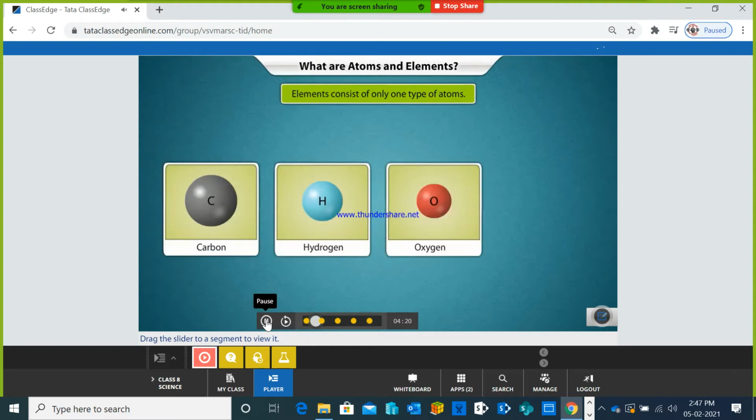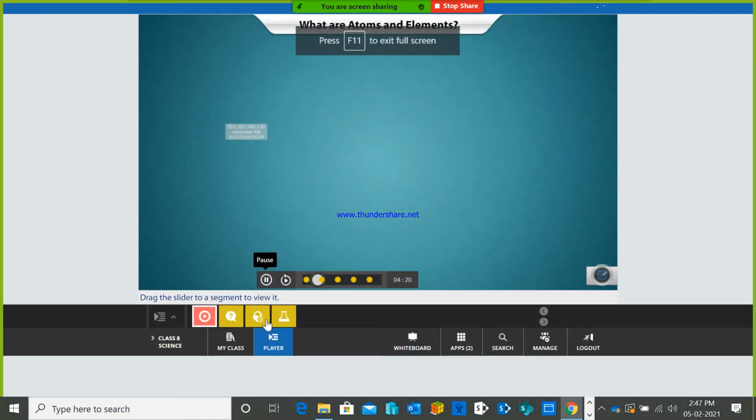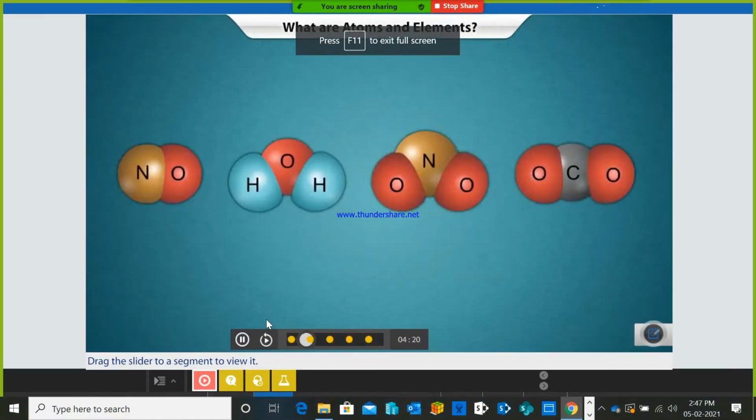Hydrogen, oxygen and nitrogen are some examples of elements. But is it possible that different types of elements combine with each other? Let's find out the answer.